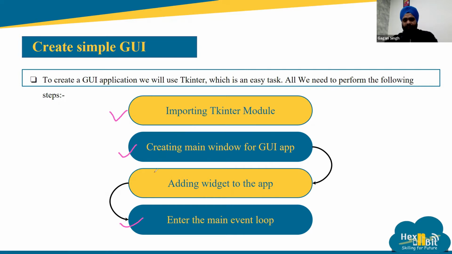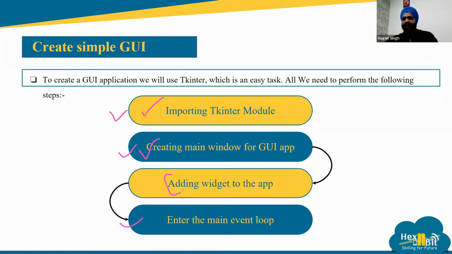Right. And out of these 4 steps, this is just a one-liner. This is again a one-liner. But in this, we need to add some commands in order to customize it. If you want a default screen, it's just one line you need to write and you will get your GUI window. Adding widgets to the app. So this is the main point.